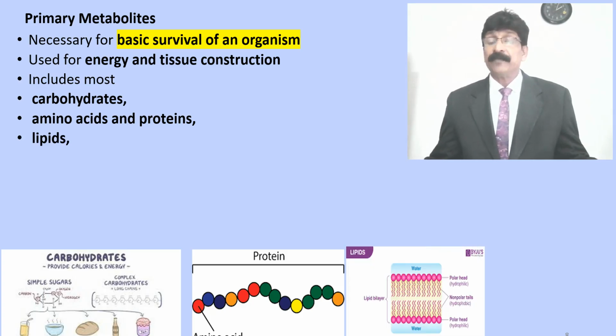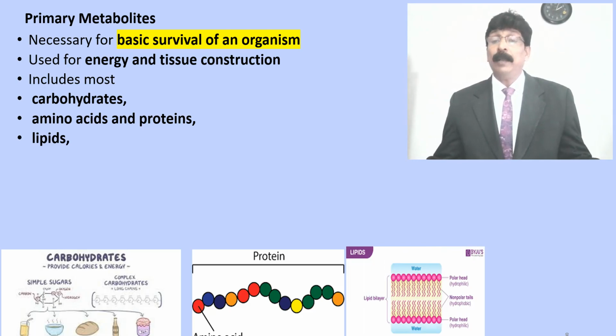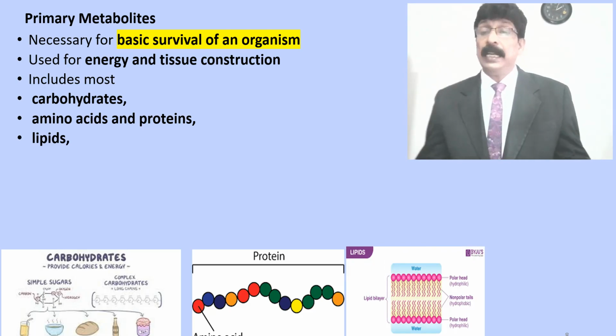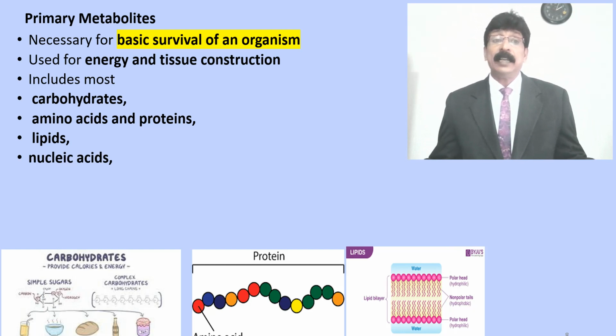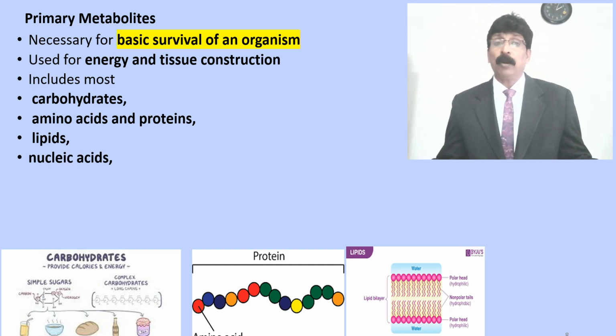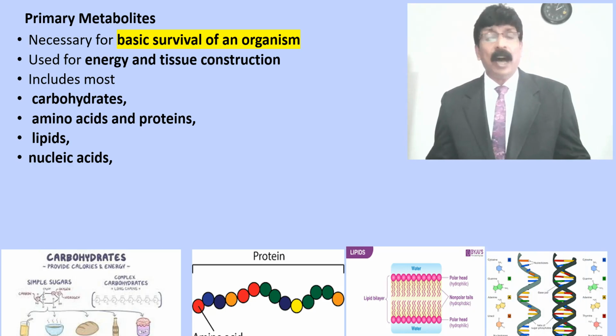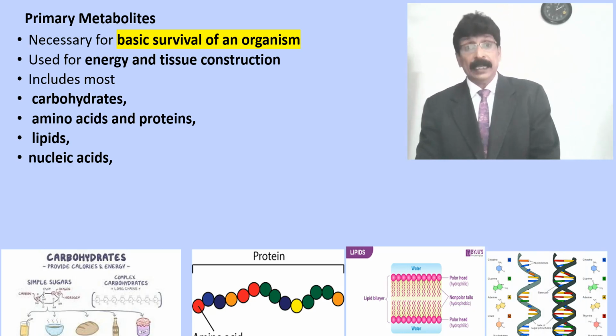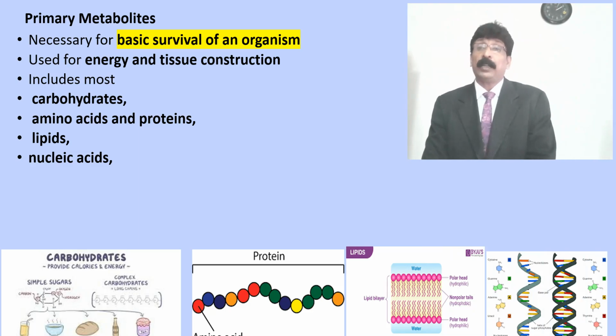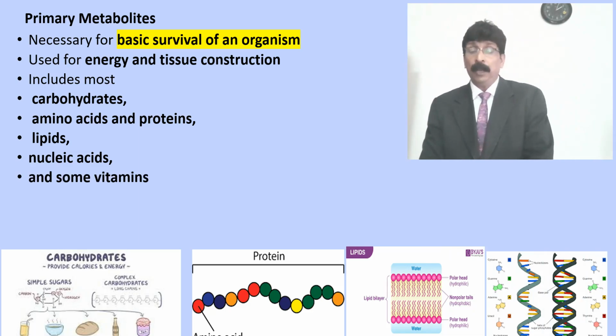Lipids, you know very well, are for signaling and the skin, and in many places lipids are more needed for circulation and structure inside the body, also as building blocks. And nucleic acids, DNA and RNA, are responsible for various genetic characters, and are a primary requirement for the survival of a living organism.